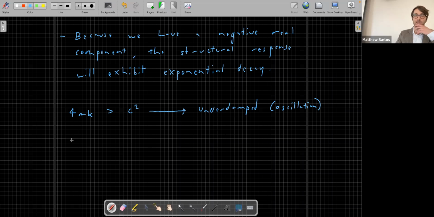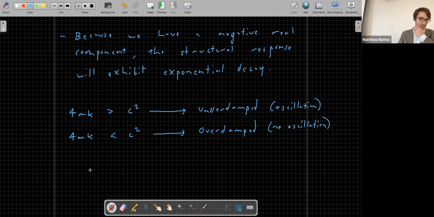Okay, what about for the case where 4mk is less than c squared? Right, so in this case, you will be overdamped. Okay, so you will not get oscillation. There won't be an imaginary component. You won't see any oscillation.